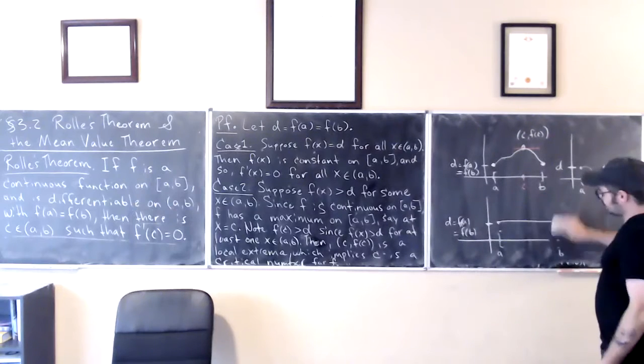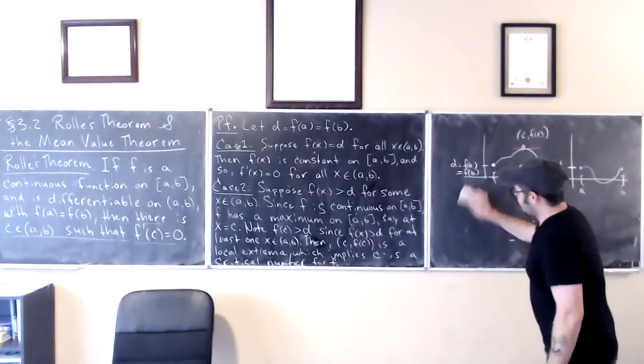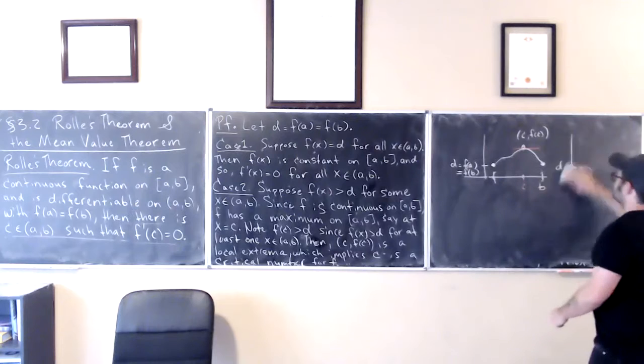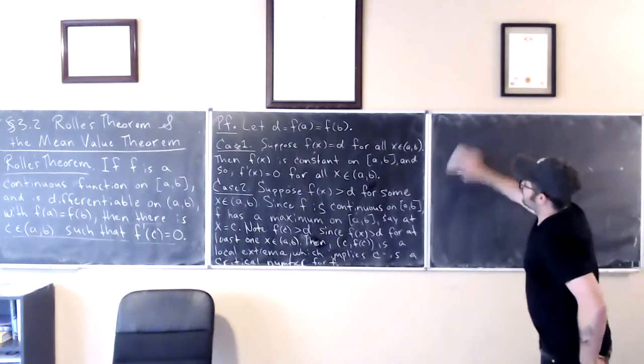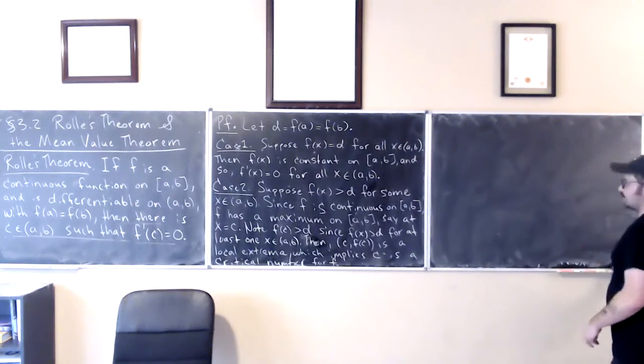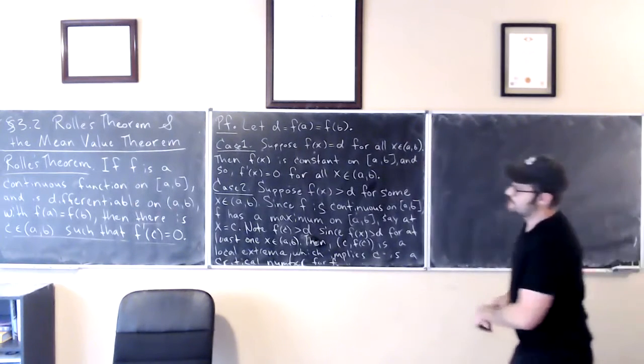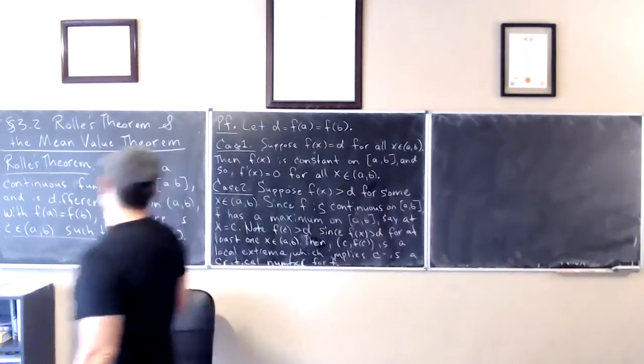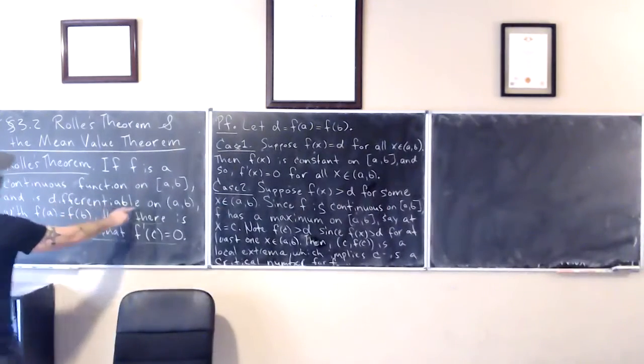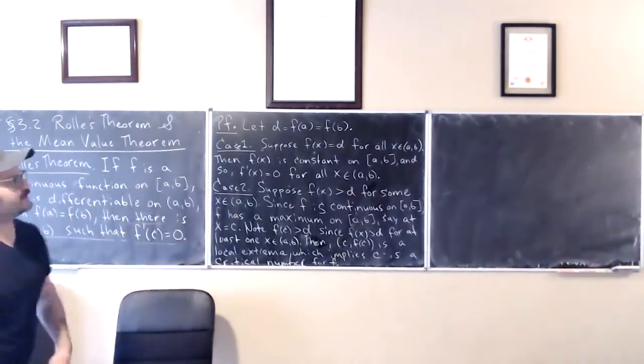Now, a critical number is defined as a value for x where the derivative at that value is either 0 or it doesn't exist. But we know that the function f is differentiable on that interval AB.